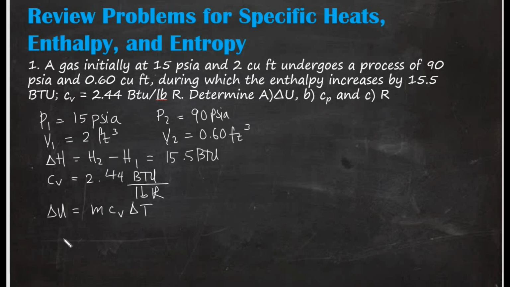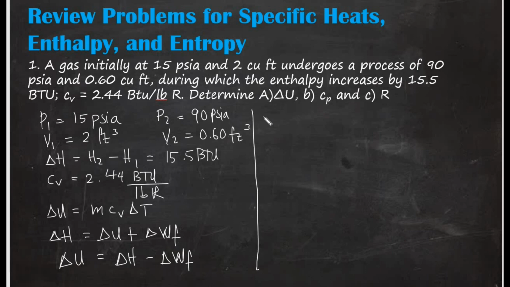So we need to use a formula that I discussed in the previous video regarding conservation of energy, which is delta H equals delta U plus delta WF. So delta U is equal to delta H minus delta WF. We can first solve for delta WF, or the change in flow work.